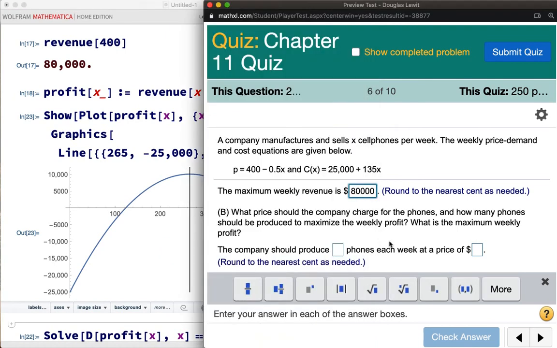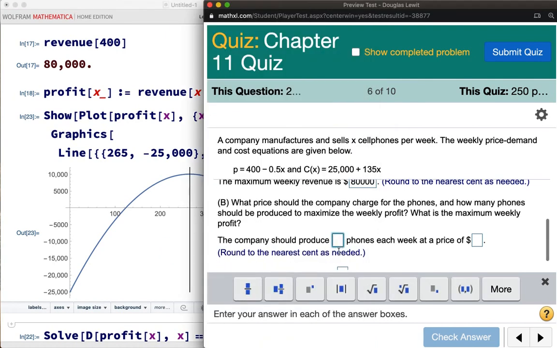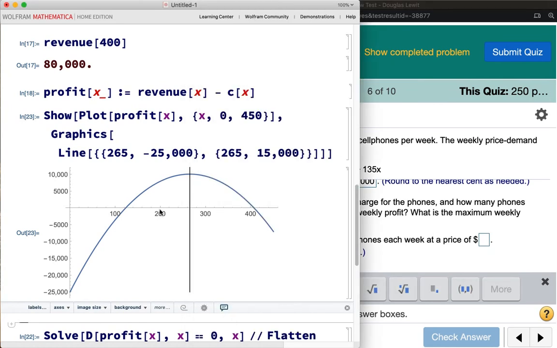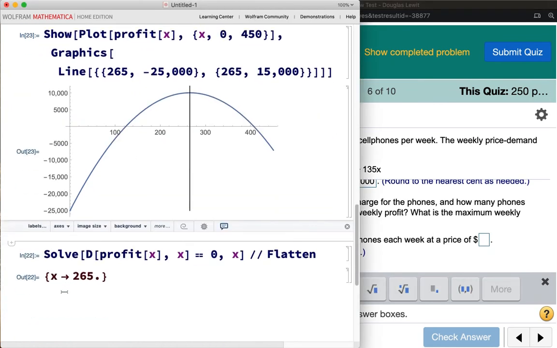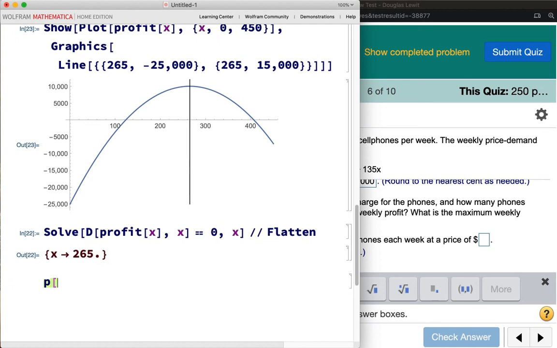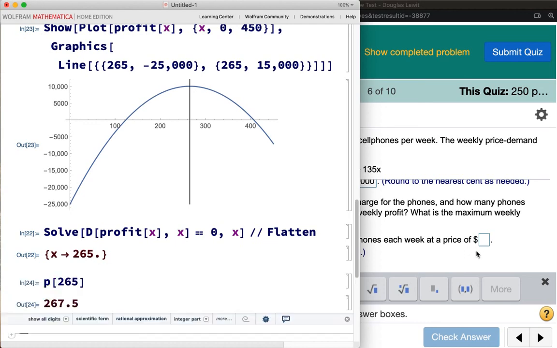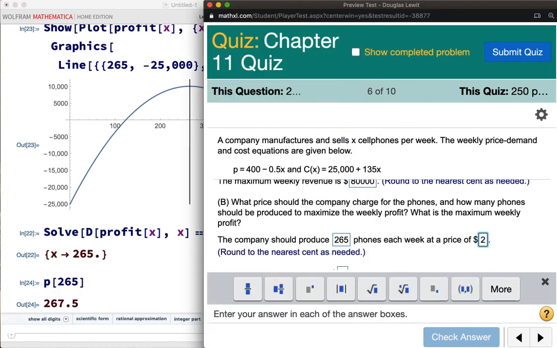All right, so the company should produce 265 phones each week at a price of, let's find the price, P of 265. It's $267.50.